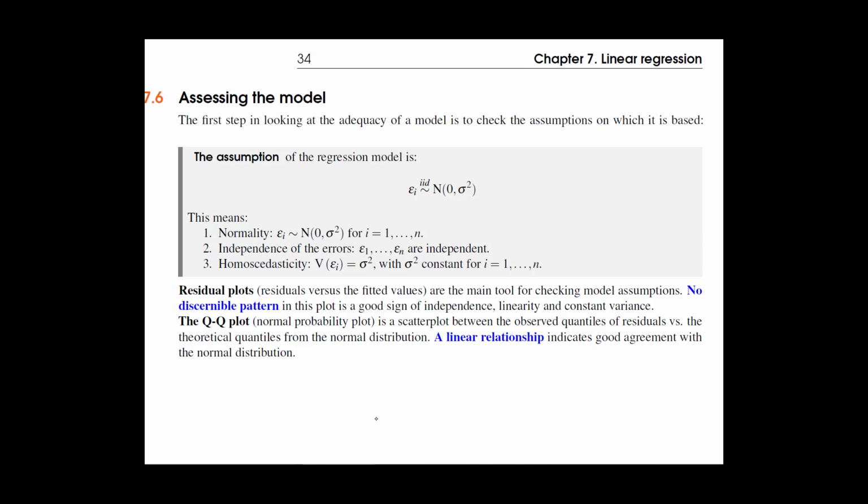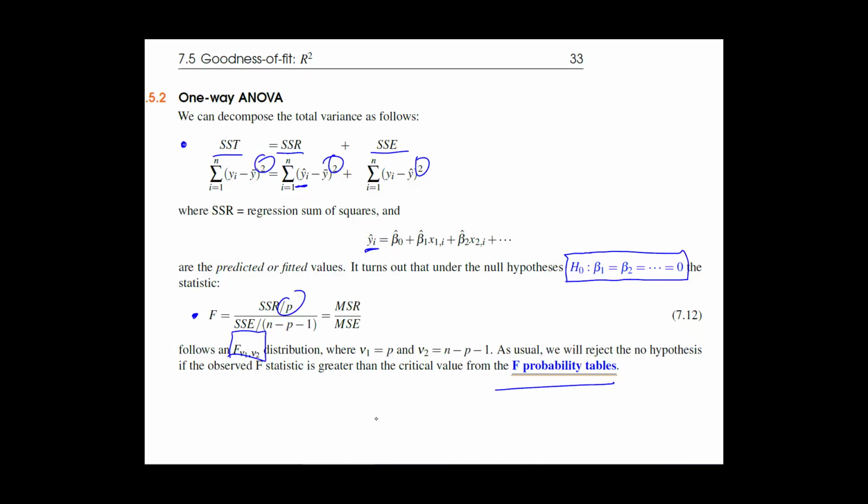The main tool is the residual plot. Remember, the residuals are just the error terms once they are realized. The error terms are assumed to be normally distributed, then you estimate the model, and you're able to see what the actual error is, which was right here.